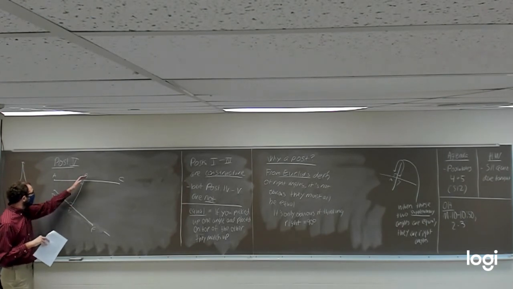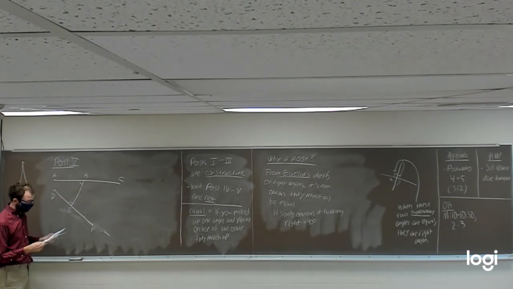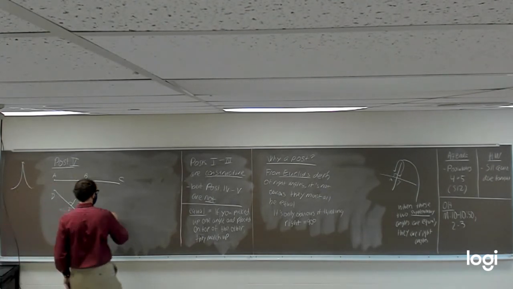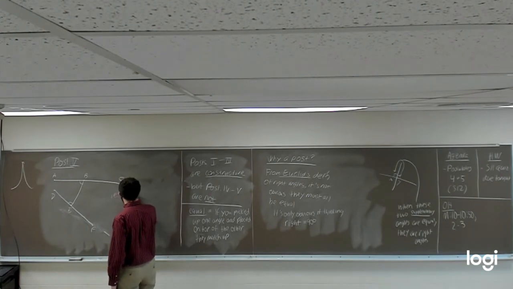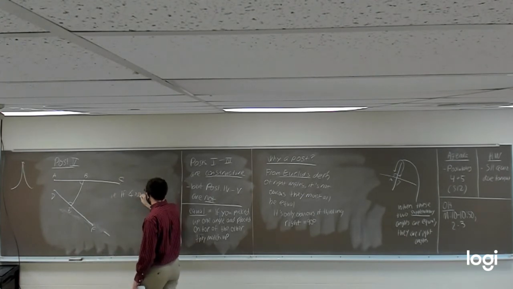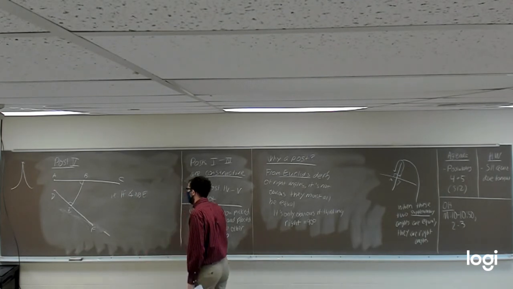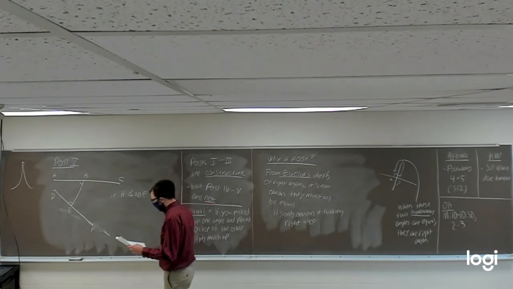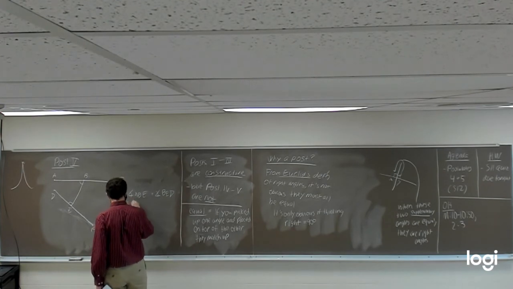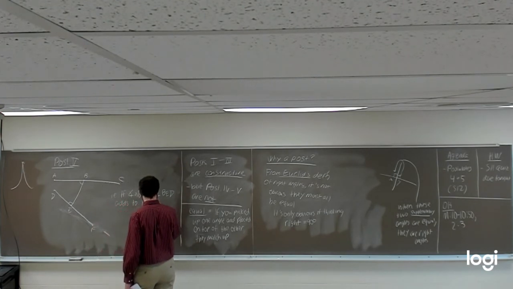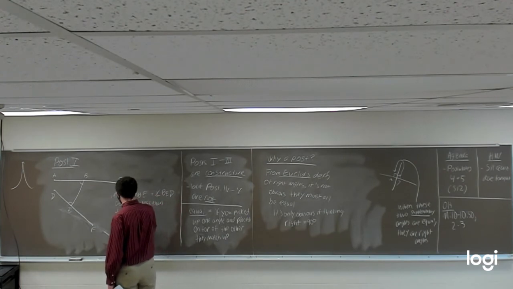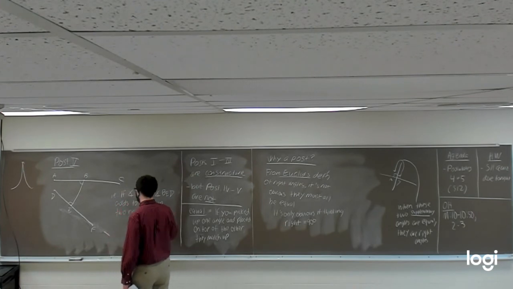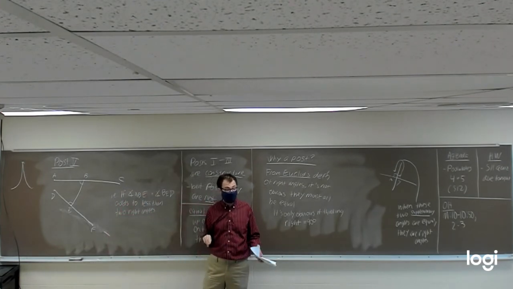And if 2 interior angles on the same side add up to less than 2 right angles, in other words, if angle ABE, good old honest Abe, plus angle BED, bed, adds to less than 2 right angles, 180 degrees if you're using more modern notation.